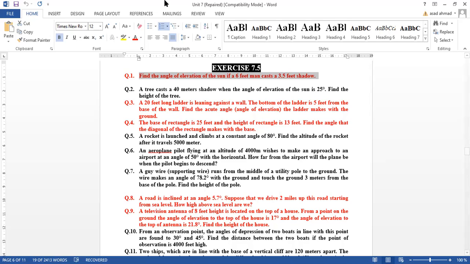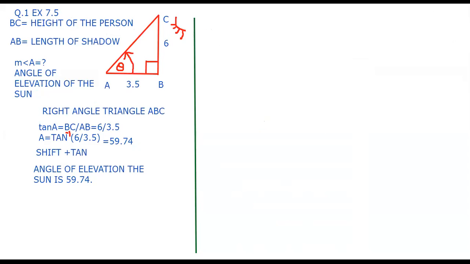Now look at the whiteboard. It is question number 3 according to ALP or smart syllabus.